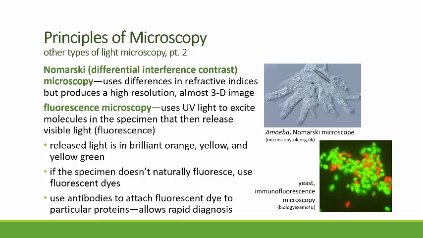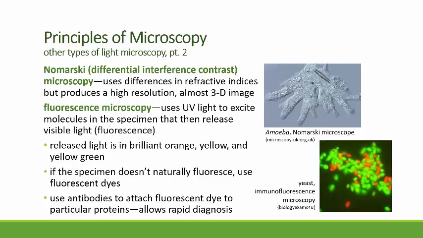Fluorescence microscopy also takes advantage of fluorescence. Remember from the previous lecture, fluorescence is when light energy is briefly stored in an electron, and as that electron loses that energy, it releases longer wavelengths of light.